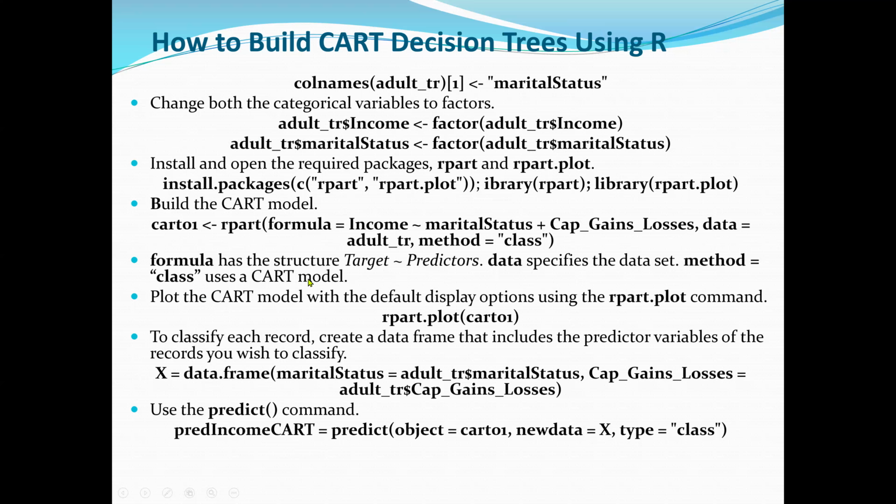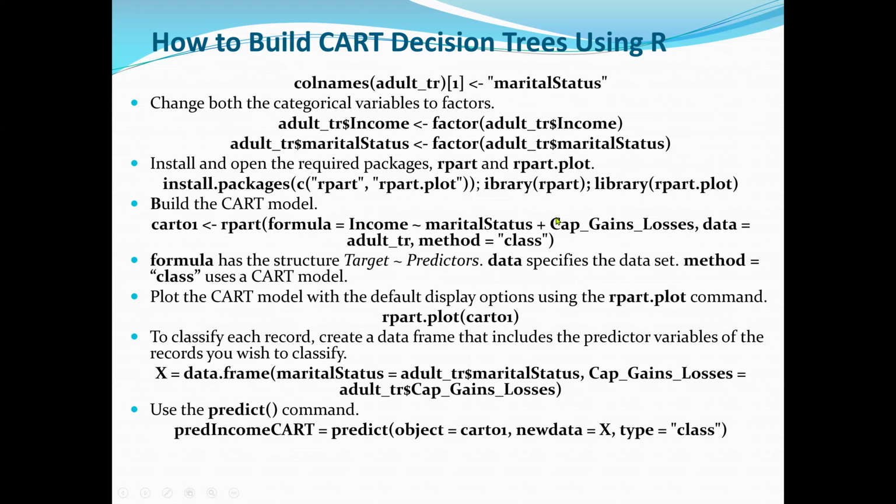So the formula has a structure: target and the predictors. Target, predictors. The formula input has the structure of target, predictors, where the names of the predictors are separated by plus signs.